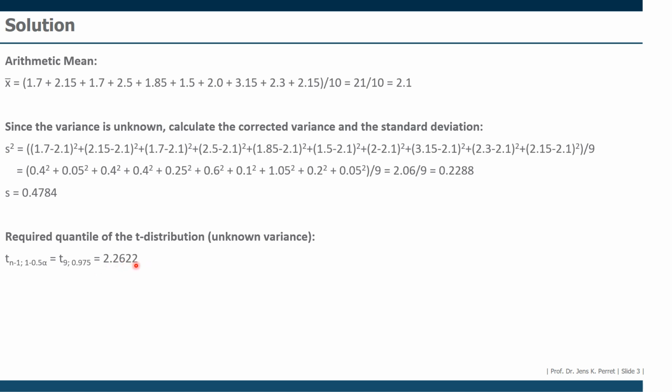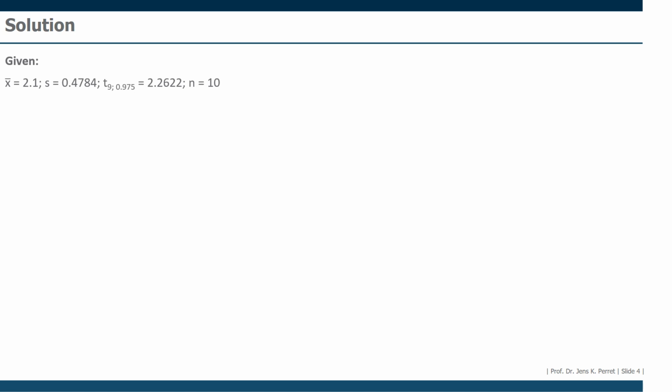Then we have all the information we need. We have the arithmetic mean, we have the standard deviation, and we have the quantile of the t-distribution. And of course, the number of observations as well. Because if we summarize those and take a look at the formula we're going to use here, we see we need 4 values and we have all of them listed up here.